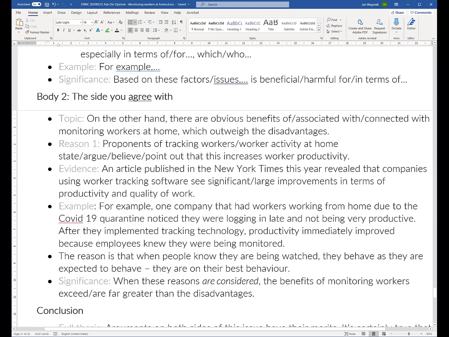Far greater. Yeah, but this is an argument. That's my argument, that the advantages exceed the disadvantages. And this is a situation where you can choose one word or four words.